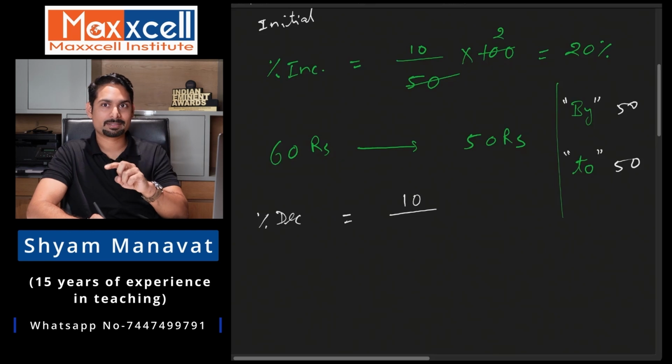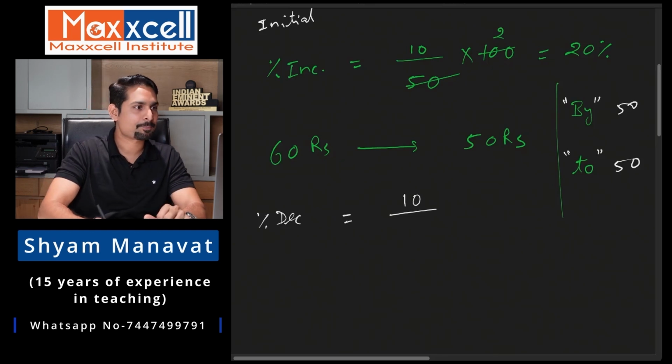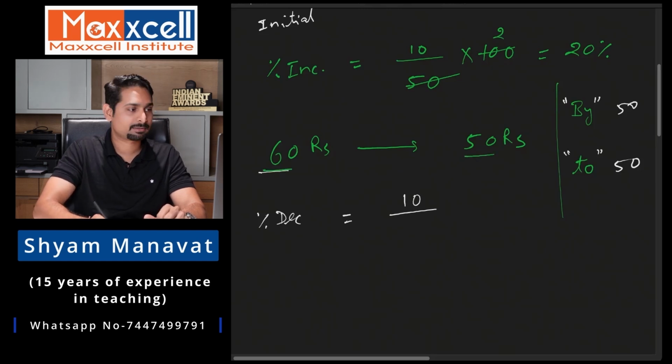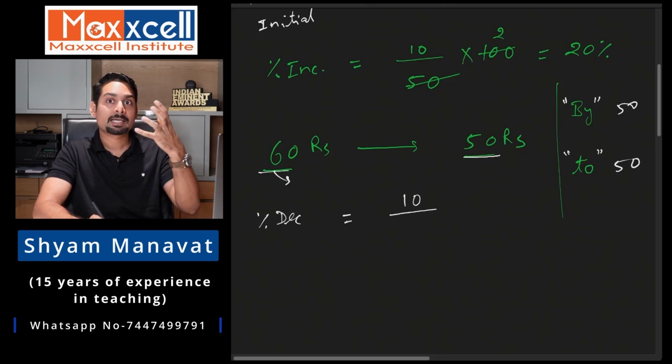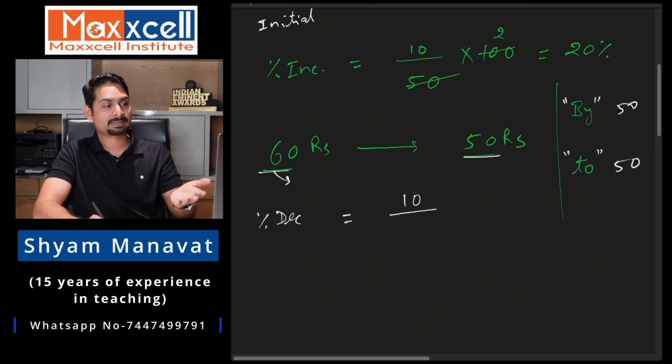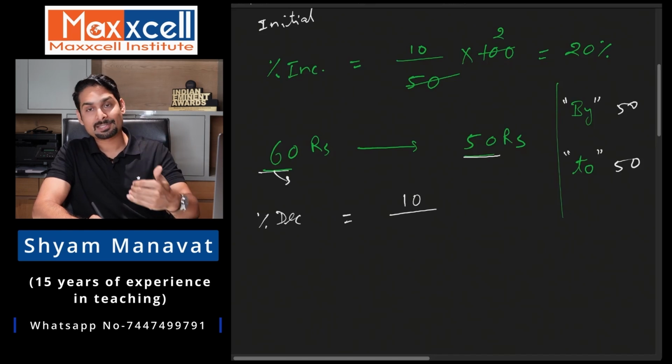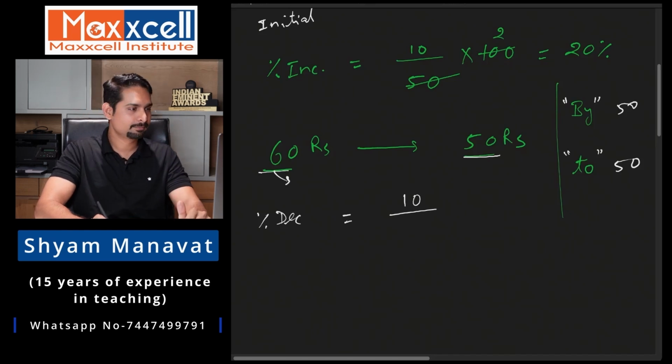Is 60 initial or 50 initial? Of course 60 is initial, because you are starting this sentence: initially the price was 60, it has decreased to 50. So this is your initial value, right?